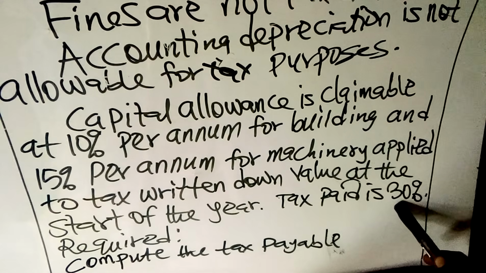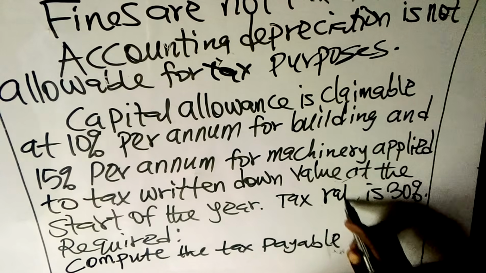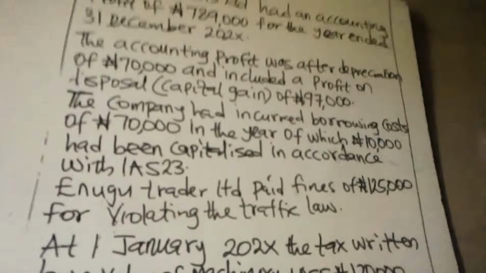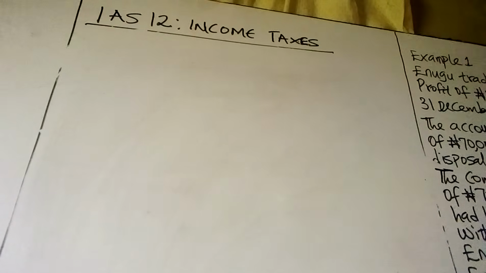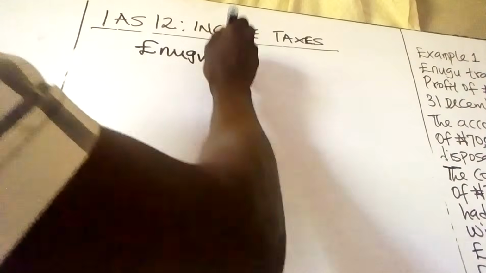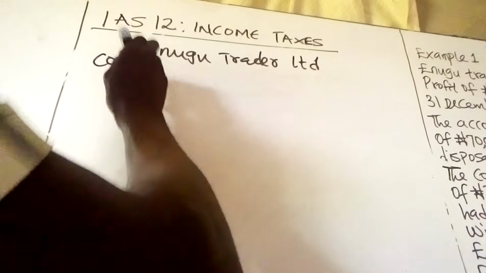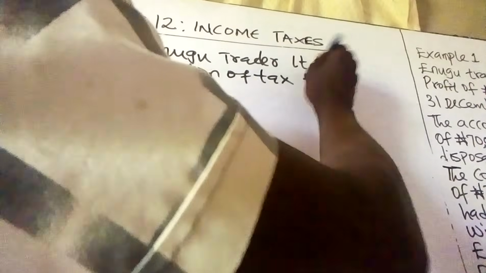The tax rate is 30%. Required: compute the tax payable. So now we may have Enugu Traders Limited, computation of tax payable.